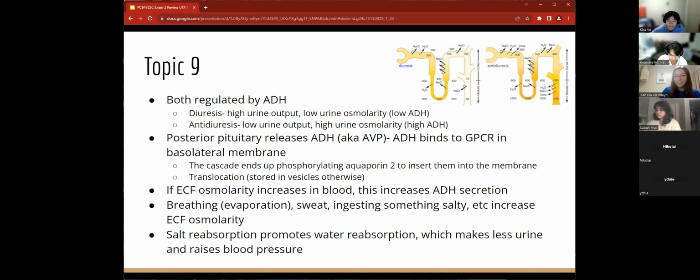I don't know if I'm addressing your question well enough, please feel free to comment at any point. But for antidiuresis, you're going to reabsorb most of that water in the collecting duct, so your urine flow rate will not be as high, but your reabsorption rate of water will be high for antidiuresis in the collecting duct. I don't know if that helped, Nicola.